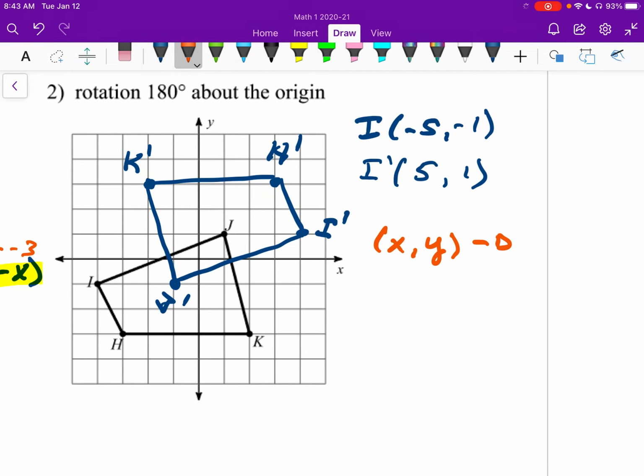So let me rewrite my E prime and my D prime so that they're a little bit easier to draw in my picture. All right, that doesn't look quite right, does it? I think it's just my drawing being weird. I think it's good.